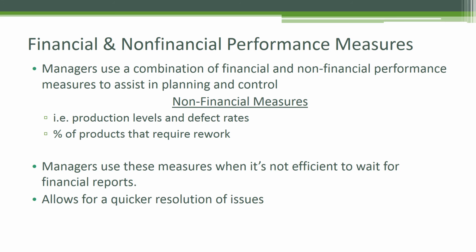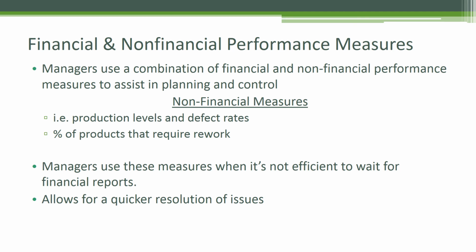For example, some companies in the manufacturing industry display real-time defect rates and production levels on large LED screens throughout their plants. This allows both workers and managers to see the information in real time. This is an example of a real-time performance measure.